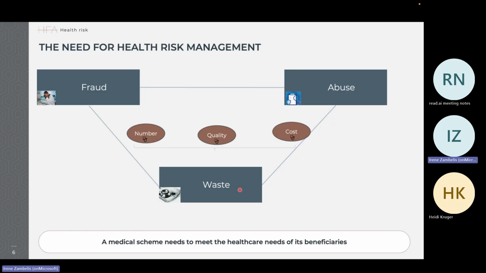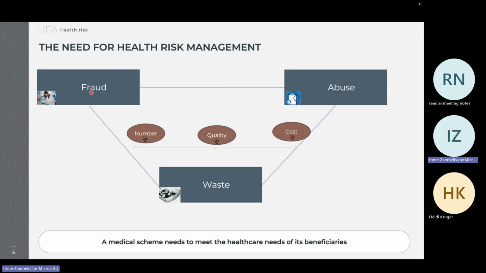So in the medical scheme environment, we know there is fraud. And fraud, they've estimated, can be anything between 5 to 15% of the healthcare expenses, which is a substantial amount of money. Managed care can play a role.